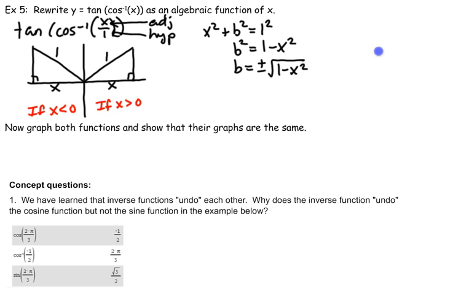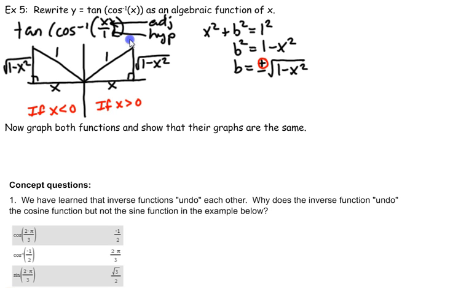Now when I look at my picture, I notice that my opposite side in both of these quadrants is positive. So really I don't need the negative value. I'm going to choose the positive value here. So this is the positive square root of 1 minus x squared, and this is the positive square root of 1 minus x squared. Now I want to know what tangent is. Tangent is opposite over adjacent.